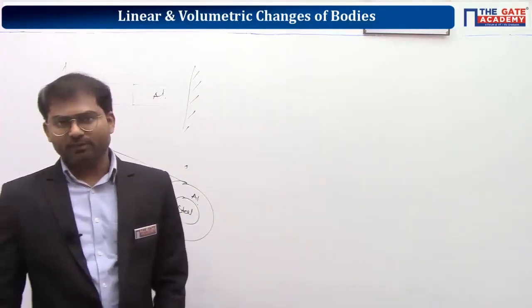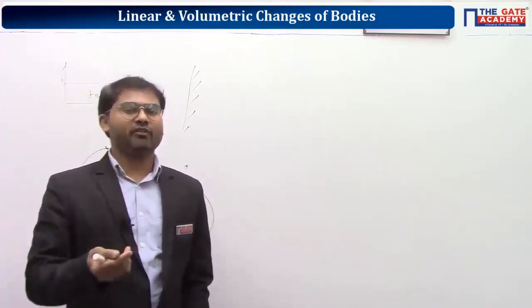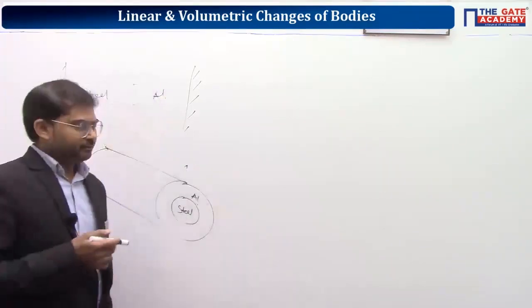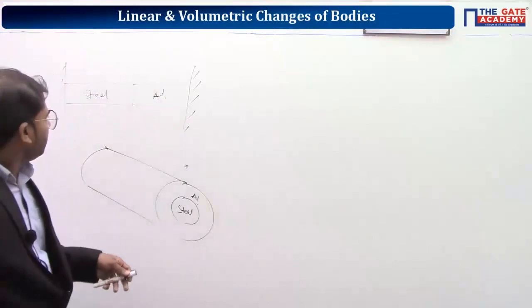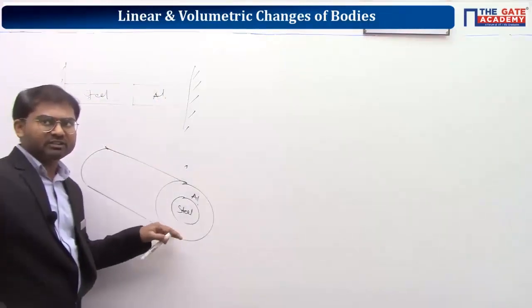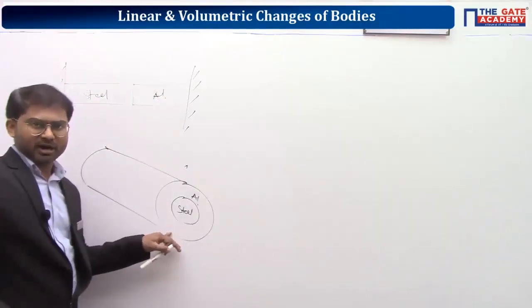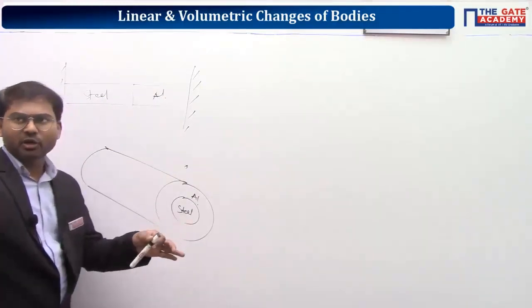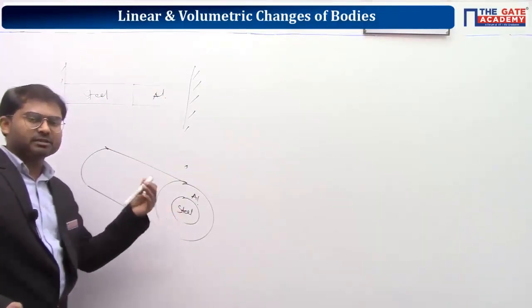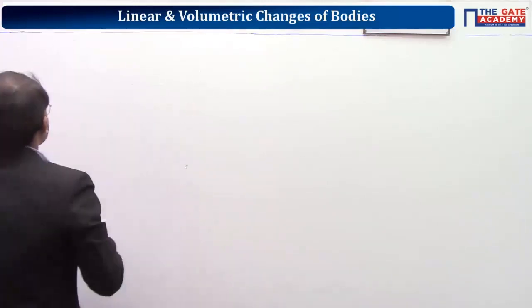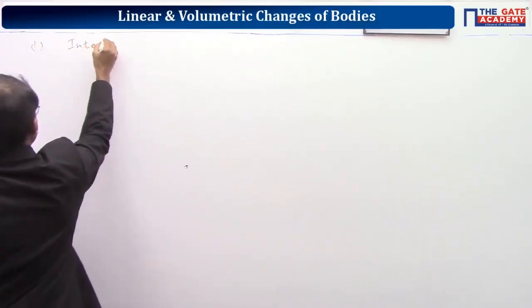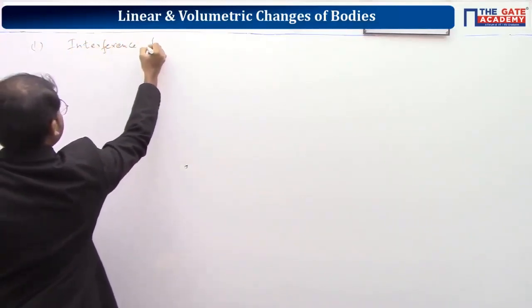So how is it possible? First of all, we should assemble in such a way that we can make it possible. Okay, fine. So let me go ahead. I hope you have understood that we are going to deal with these types of composite bars. Let's understand how to make both of them elongate by the same value, and compress by the same value, when some force is applied. So the first case is using interference fit.